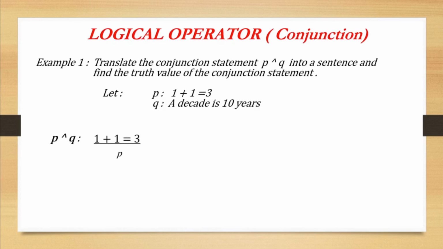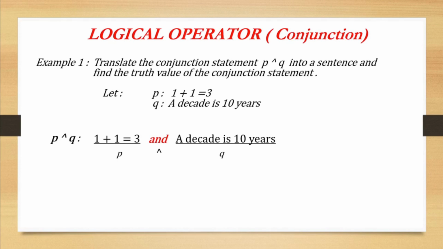We're going to replace the symbol P by the statement 1 plus 1 is equal to 3, and the symbol ∧ by the word and, and the proposition Q with the statement a decade is 10 years. Then we can say the conjunction statement of propositions P and Q is: 1 plus 1 is equal to 3, and a decade is 10 years.